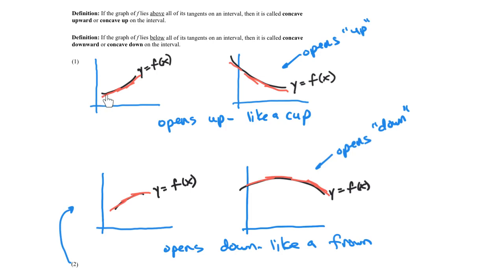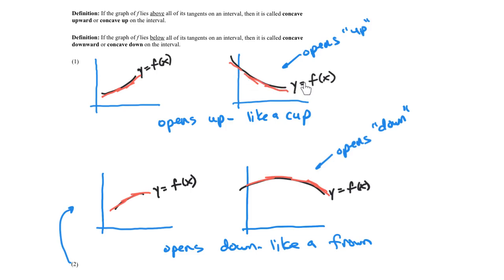It's flatter here, and then these slopes get steeper. The curve's getting steeper, so the slope is increasing. And here, same thing. The slope is negative here, but it's less negative. It's getting closer to being flattened out. So these are always increasing.